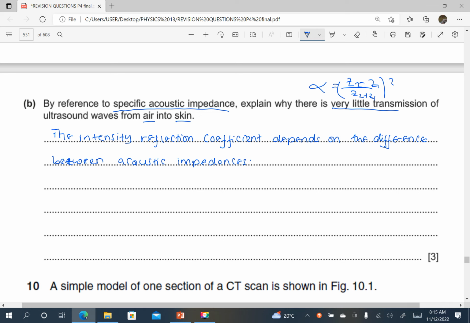Note that the specific acoustic impedance of the skin is much greater than that of air.